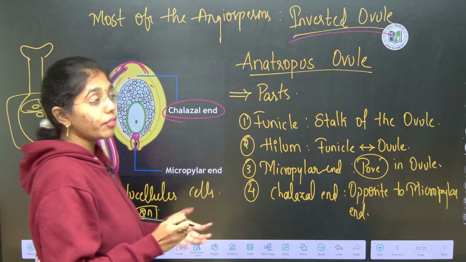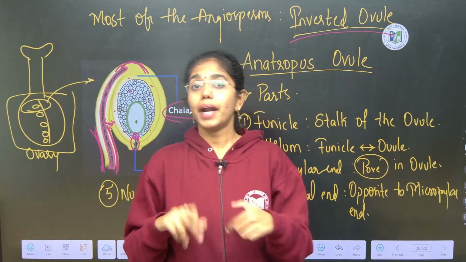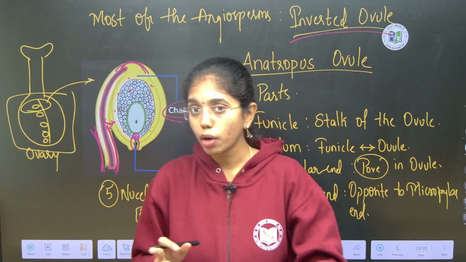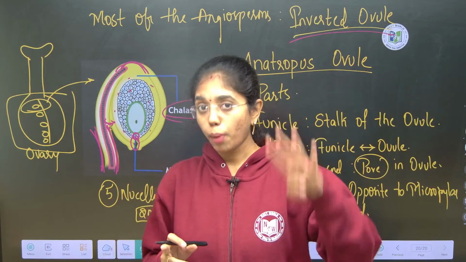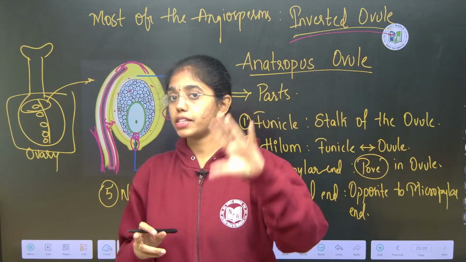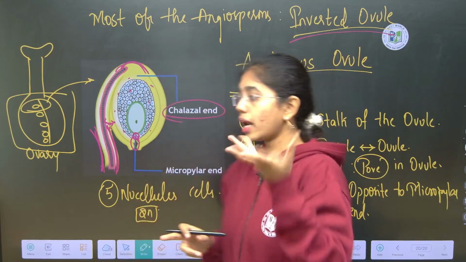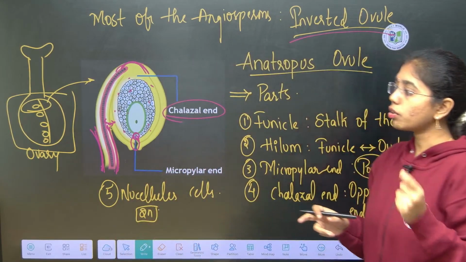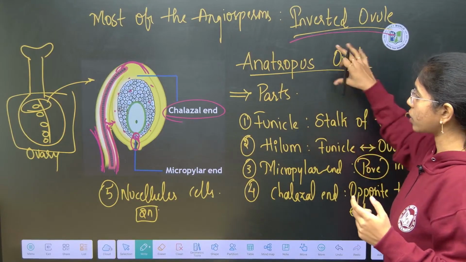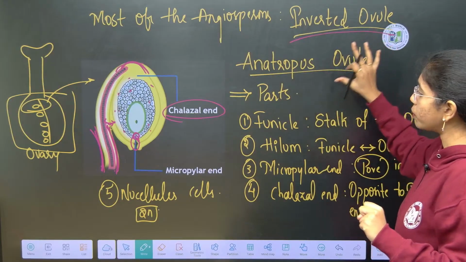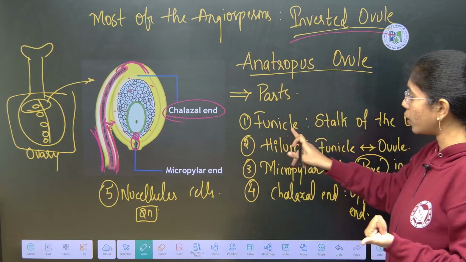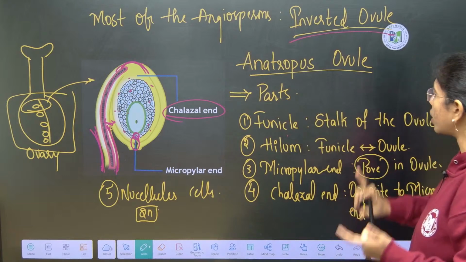So, as of now we are clear with the ovule structure, and in our next class we will look into the types of ovule, megasporogenesis, embryo sac structure, pollination, artificial hybridization and double fertilization. In the structure of the ovule, most angiosperms have an anatropous ovule with a stalk, the funicle, and the hilum connects the funicle to the ovule.